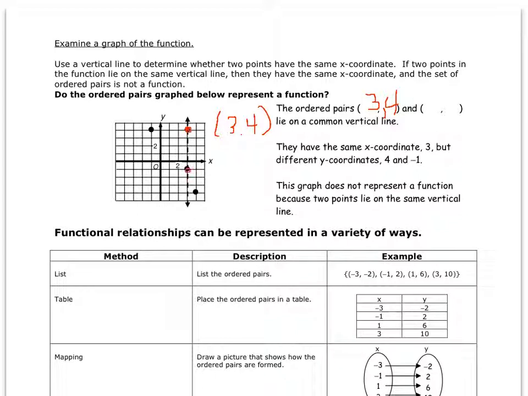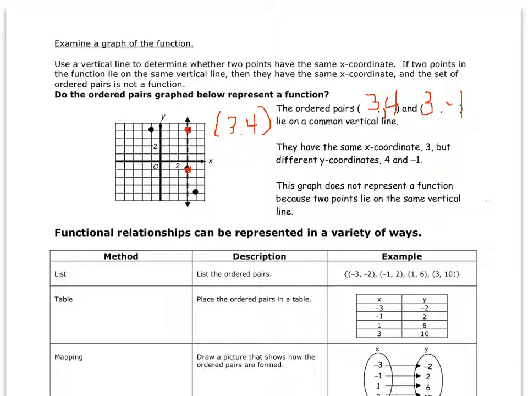This ordered pair should be right there. That ordered pair is 3, negative 1. Since they both have an x coordinate of 3, but they're different y coordinates, we would say that those two points do not represent a function.